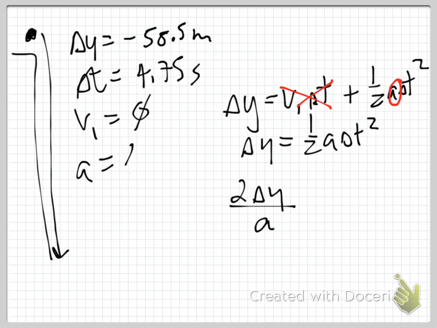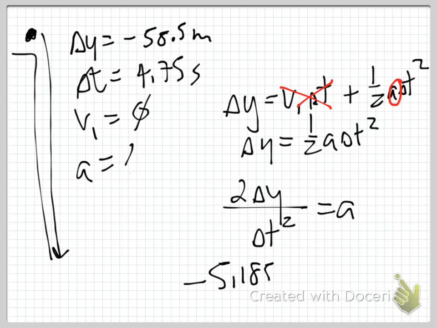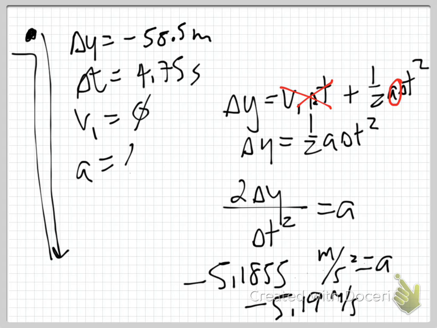I just solved for delta t because I'm accustomed to doing that. Sorry. Okay. 2 delta y divided by delta t squared equals a. So what we get for a raw answer is negative 5.1855, etc. meters per second squared equals a. So we get negative 5.19 meters per second squared is equal to the acceleration on this planet.